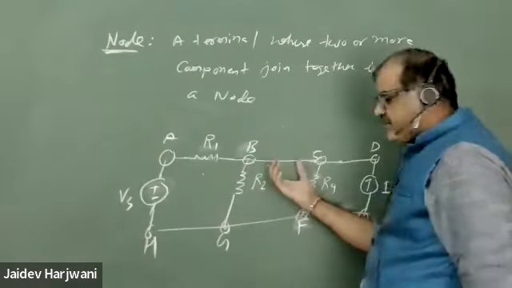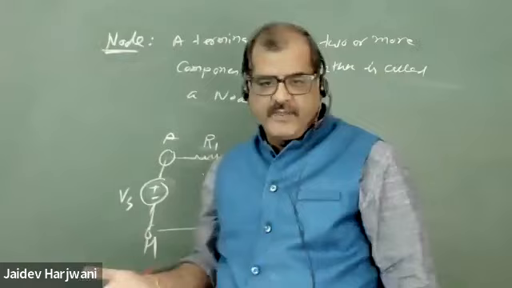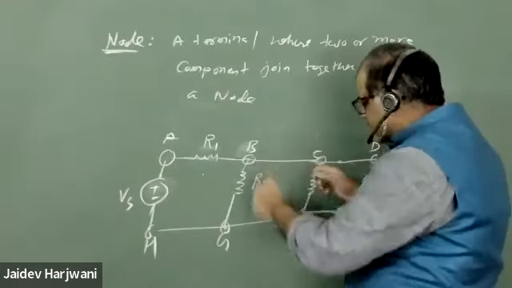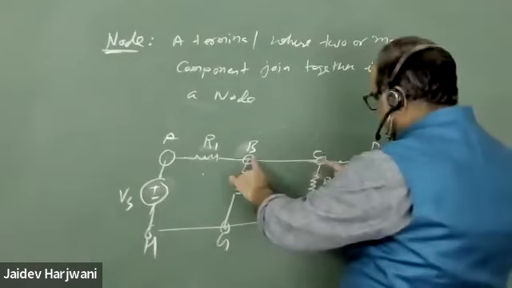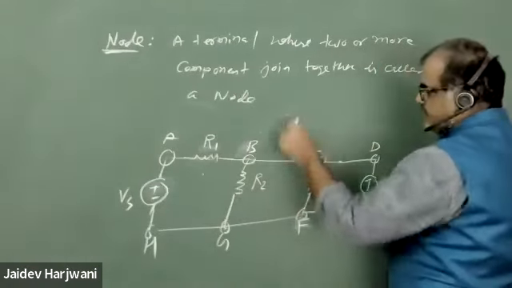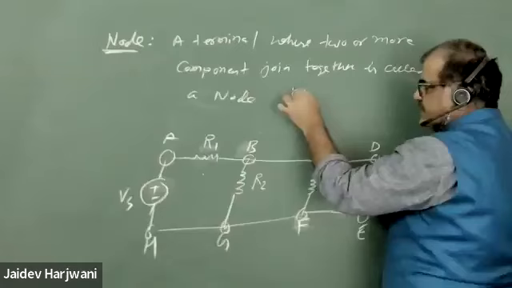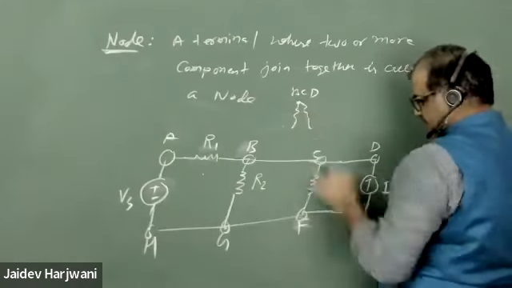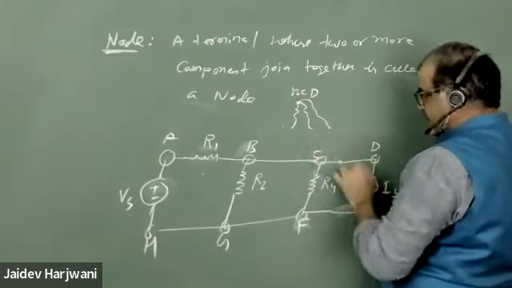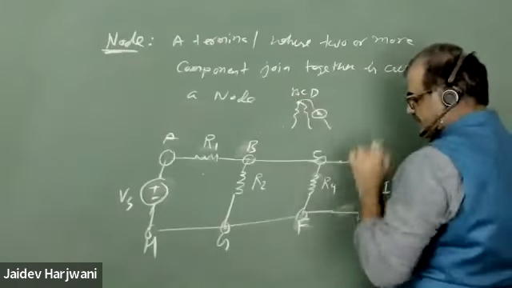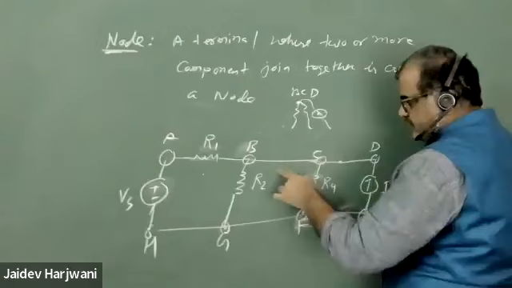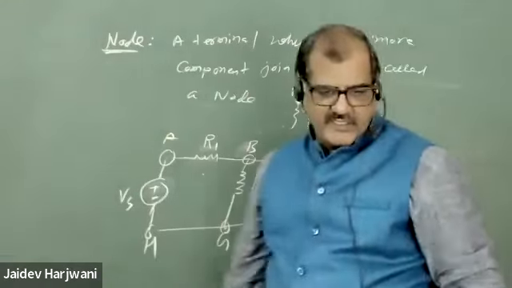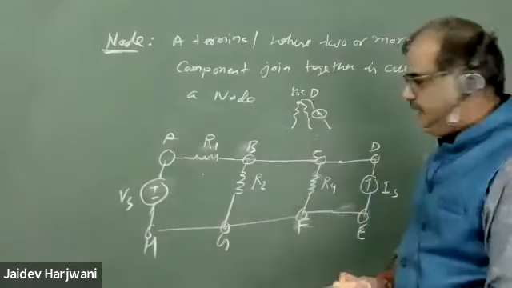This is just a way of representing the circuit. Actually, B, C, and D are one point, and here R1, R4, and this energy source are connected together. So there is no need to draw this line; just for showing simplicity and a symmetric diagram, I am drawing lines.